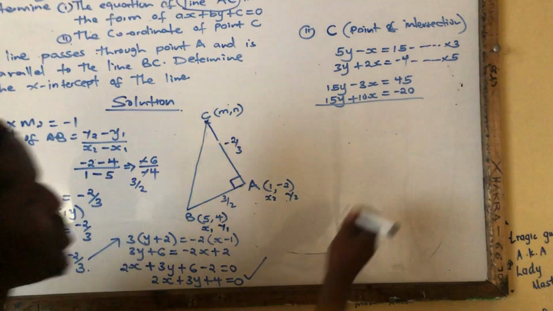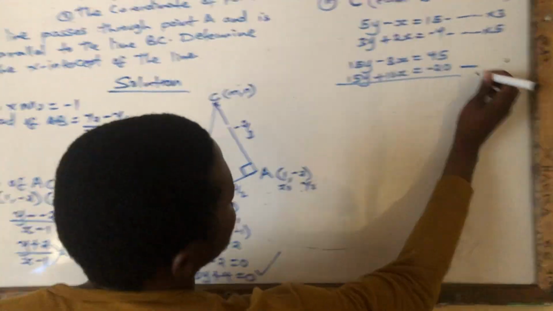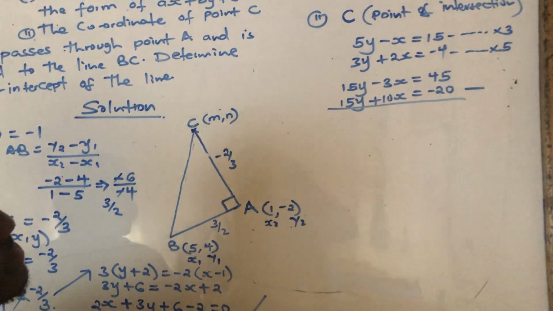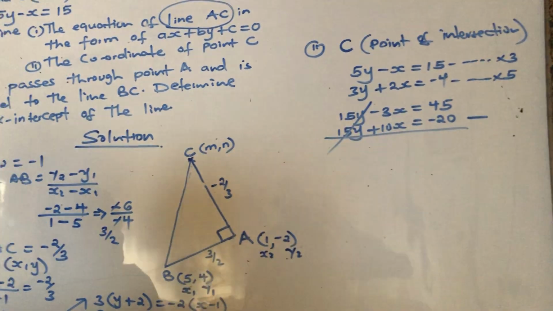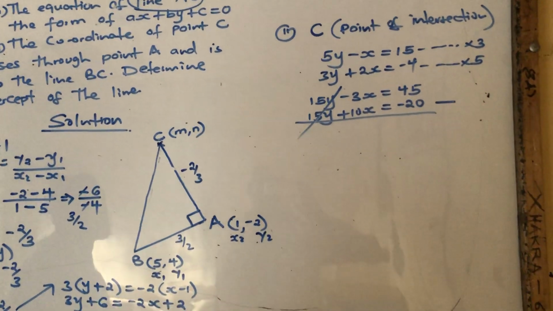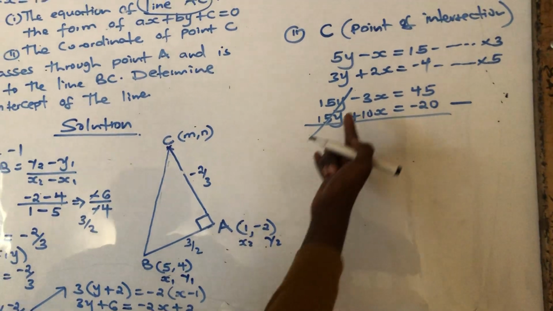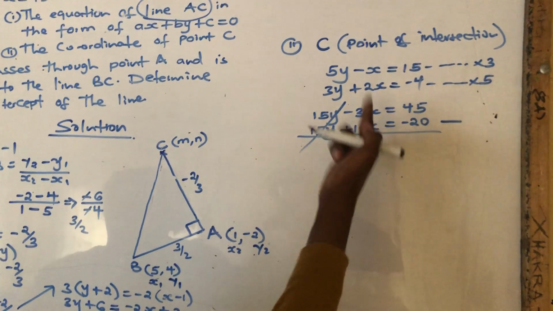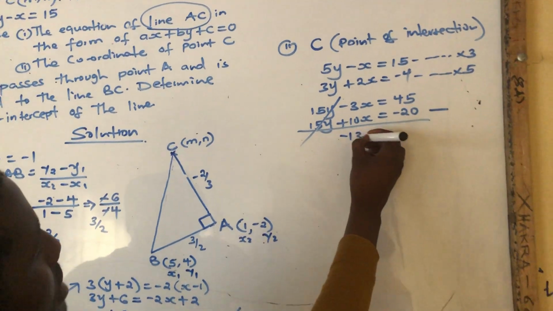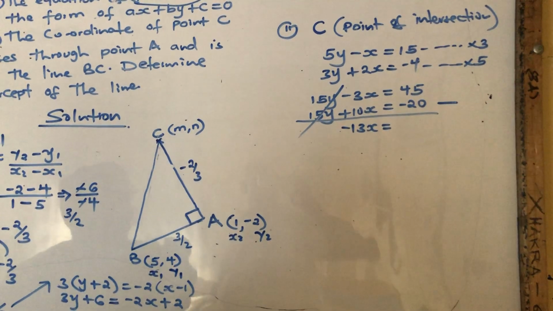These two equations will then be subtracted. 15y minus 15y should give me 0. You can as well cancel the 2. Negative 3x minus 10x should give us negative 13x.